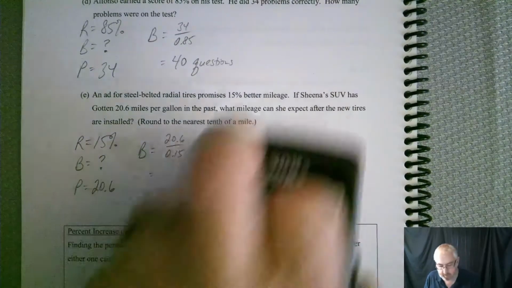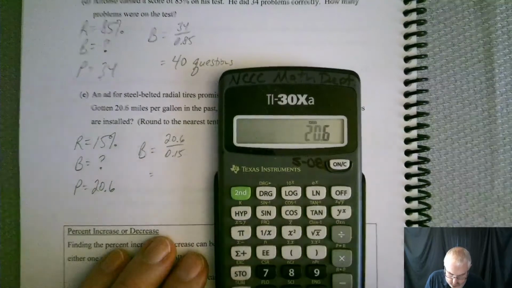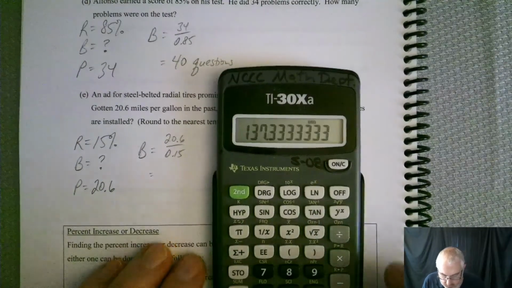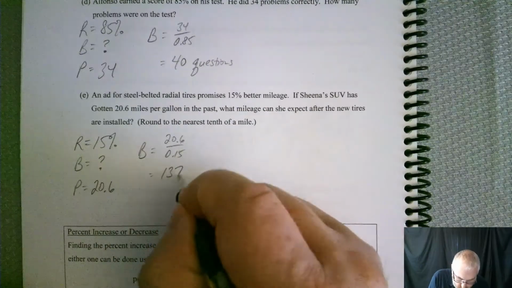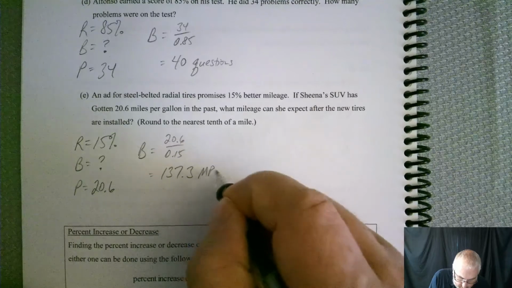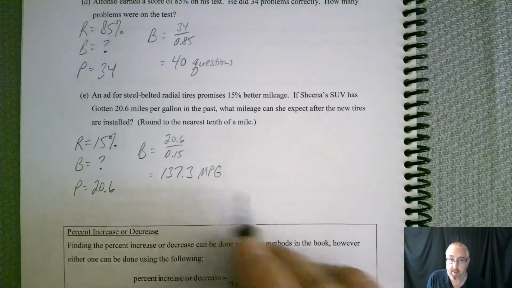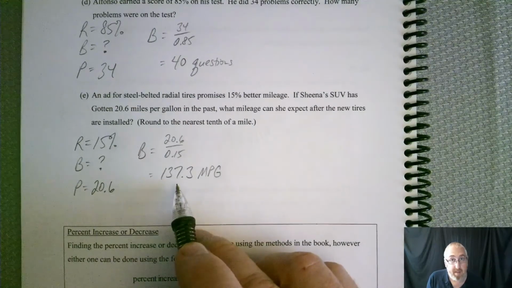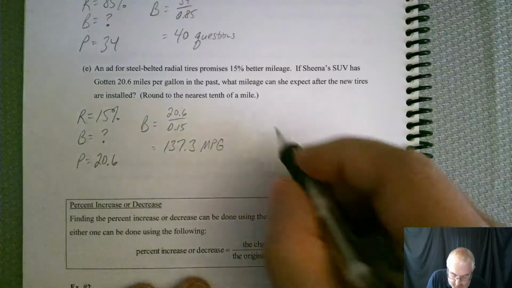Let's see what that gives us. 137.3. And now again, that's miles per gallon. It's kind of big, but let's see what we get if we switch these two around.